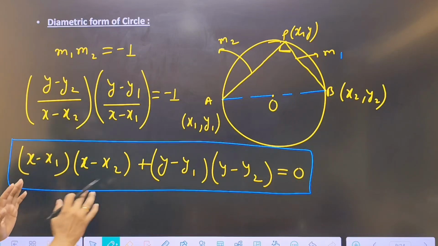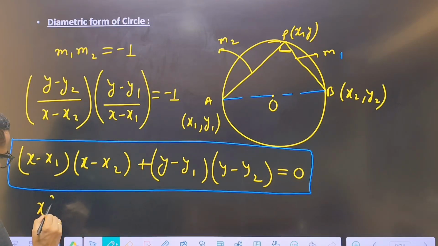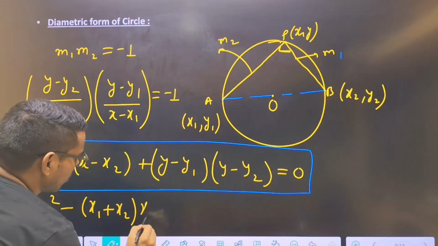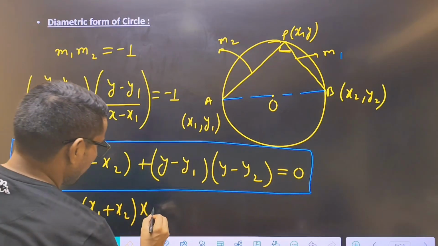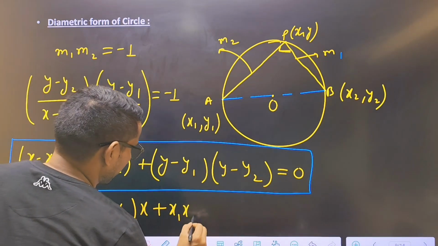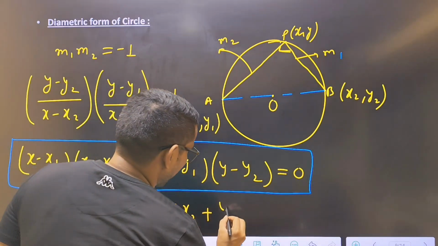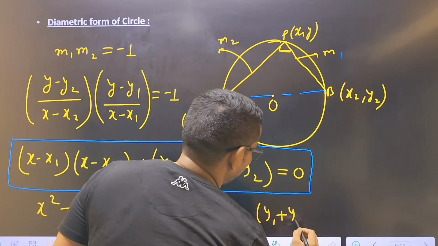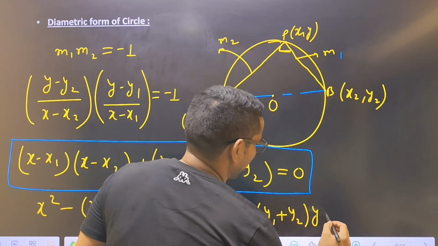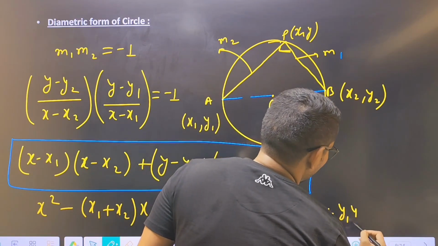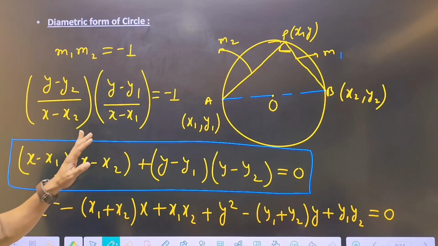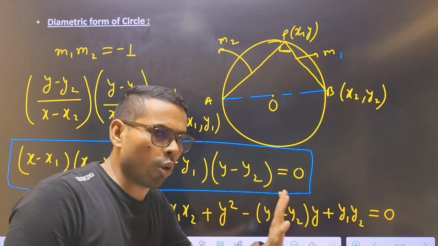We can rewrite it like this also: x² - (x1 + x2)x + x1x2 + y² - (y1 + y2)y + y1y2 = 0. So we can write the diametric form in this form also.